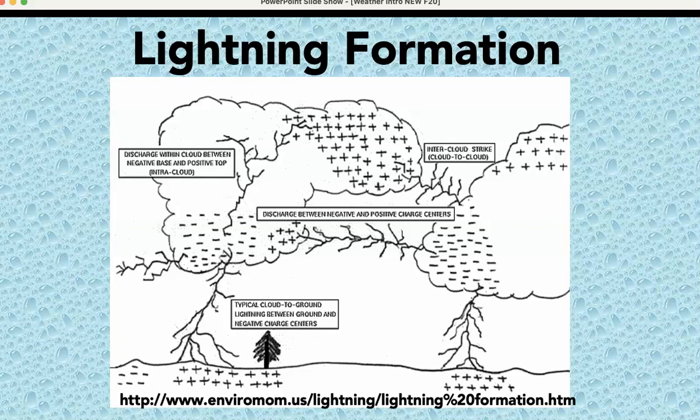You've seen cloud-to-cloud lightning, perhaps. That's neat stuff, too. Again, as long as you get your positives and your negatives next to one another, it will transfer. And this shows how that could happen. And then, of course, again, the ground being positive, the clouds negative.